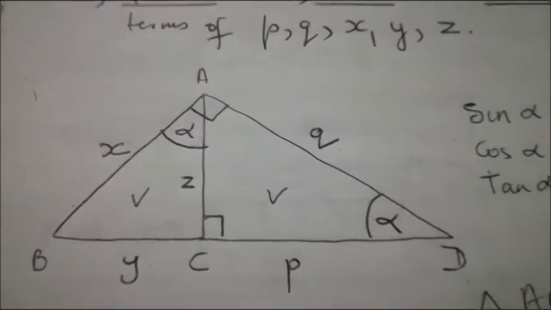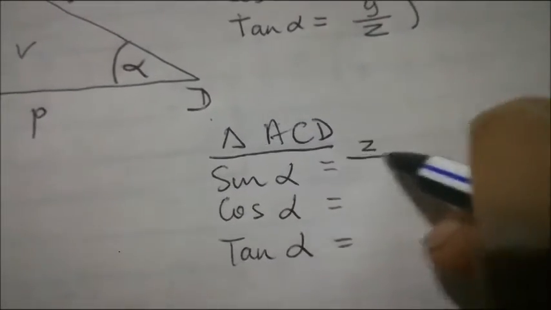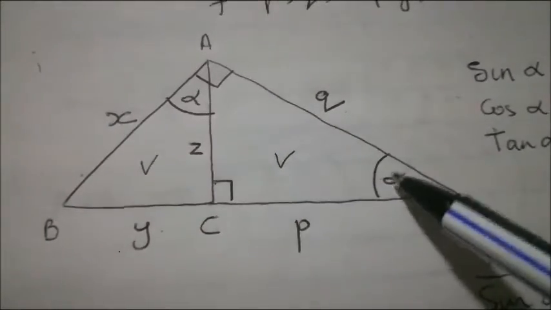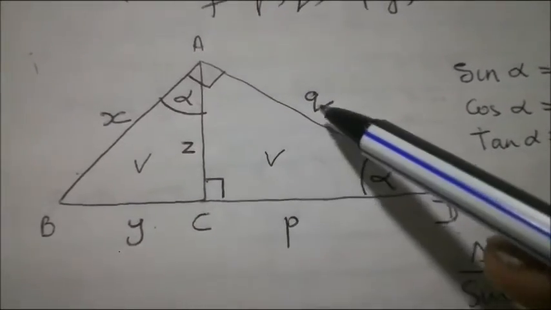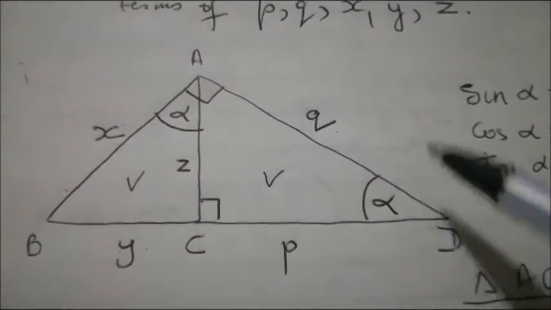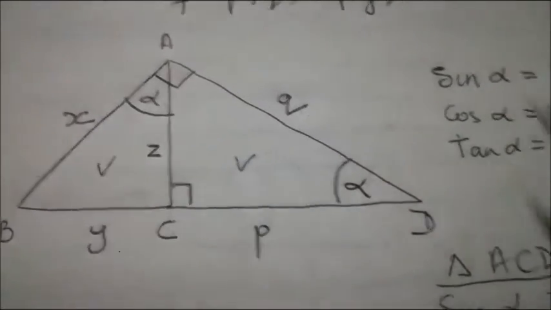So that will be z over q. Cosine now will be adjacent over hypotenuse. So that will be p over q. And tan alpha, remember, is opposite over adjacent, so that will be z over p.